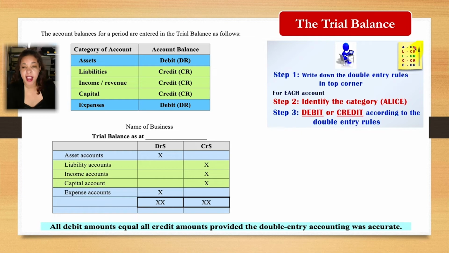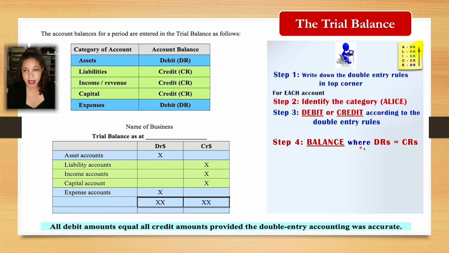And after you have finished doing that for each one, steps 2 and 3, the last step, you balance: you add up your debits, add up your credits, and if they are equal, that means all of your entries are correct and it has balanced.